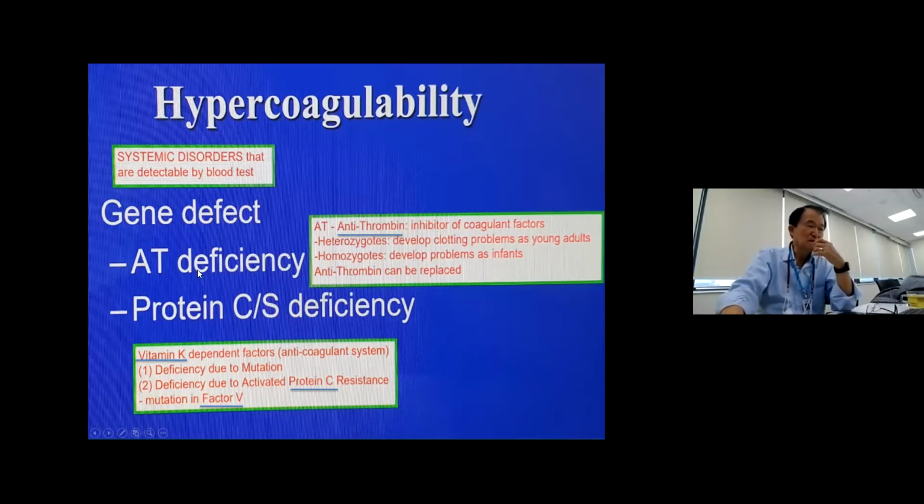So if someone is born without or not enough of this kind of antithrombin factor or protein C or S, then the person will possibly develop these thromboembolic problems. Okay, I will talk more details in the.